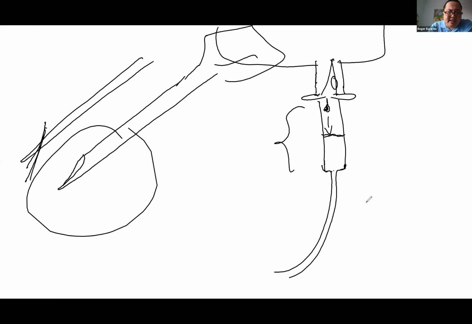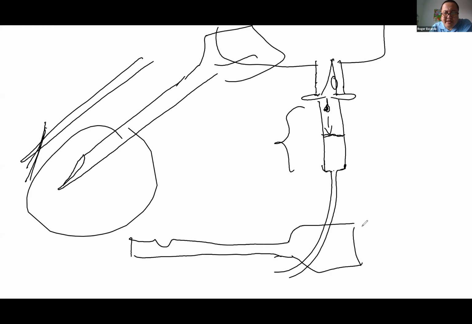So if this is a catheter, I've magnified the catheter and this is the hub. If this is the plastic IV catheter, there's a hole here, approximately 1/4 inch from the tip. This hole is where the blood enters.